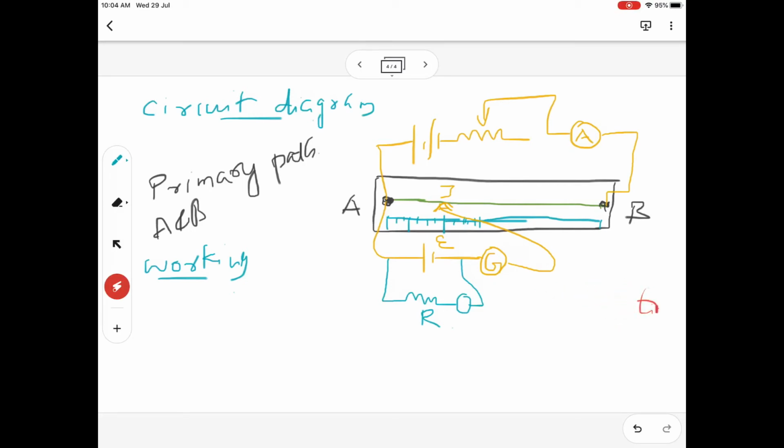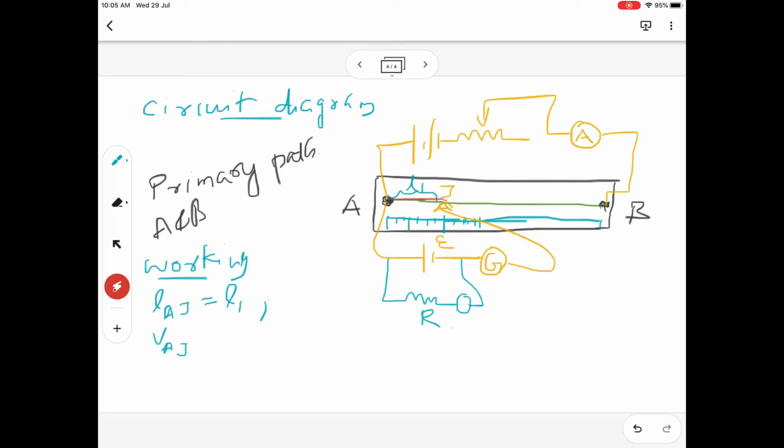Then let the jockey slide over from the origin, say A, to which all the positives are connected. Meanwhile, you locate a position, say J, for which the galvanometer shows a null deflection. So length AJ, say L1, is the balancing length here, which measures VAJ, the potential difference for the wire portion between A and J, and hence that's for the cell which is connected across A and J too.